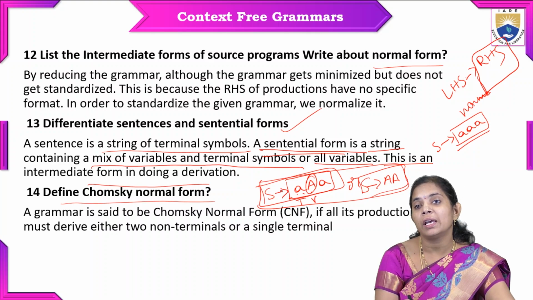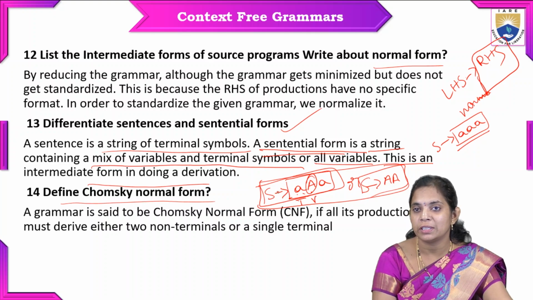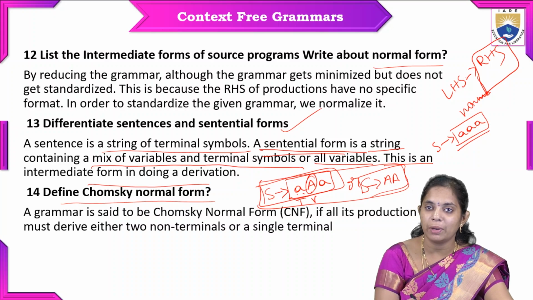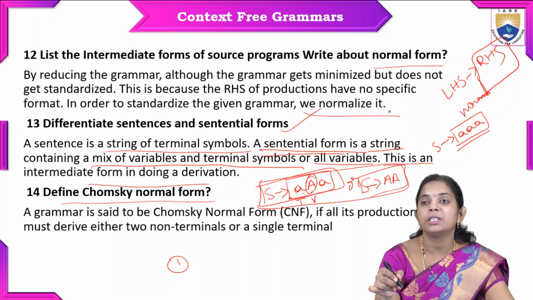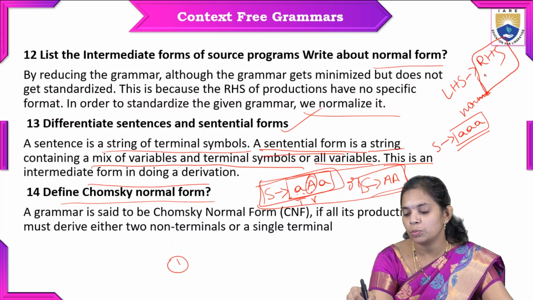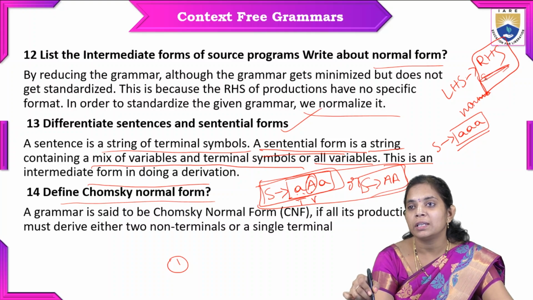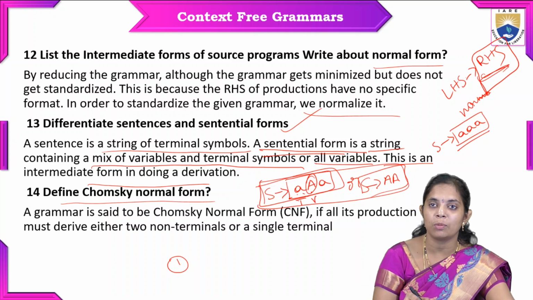We have two types of normal form: one is the Chomsky normal form and the other is the Greibach normal form. We just said that normalization should be performed. Why? Because to maintain the right hand side, the grammar should be in a standardized way. To maintain the rules on the right hand side, we are going to use these normal forms.